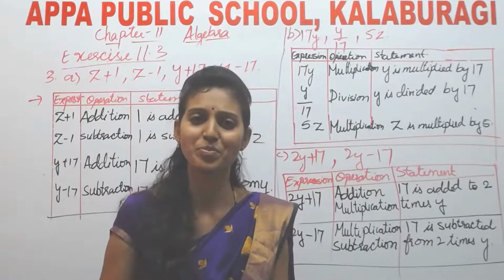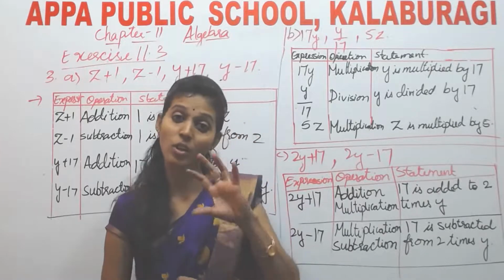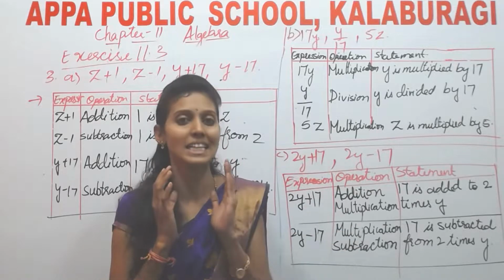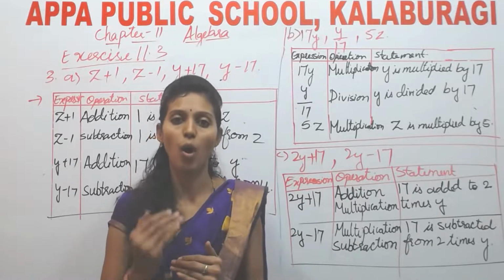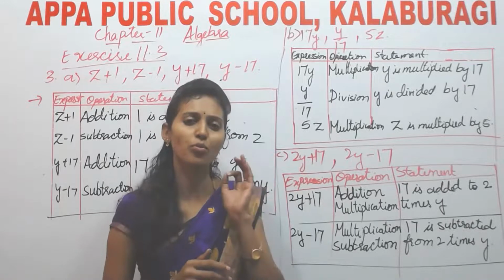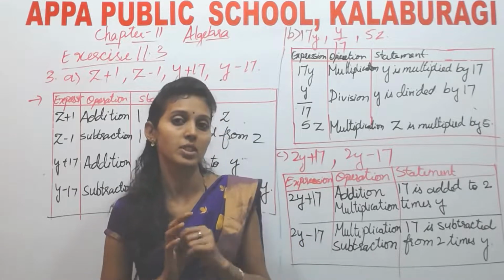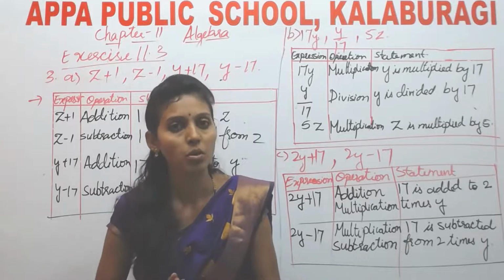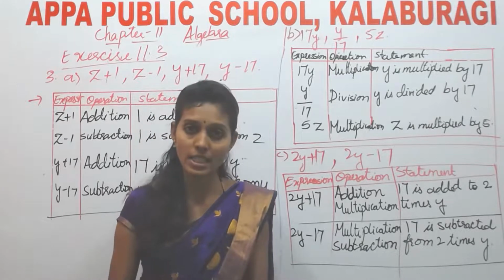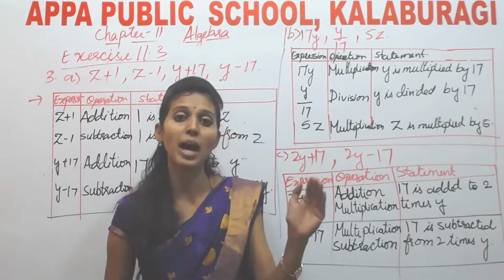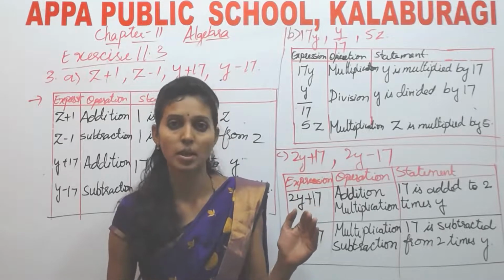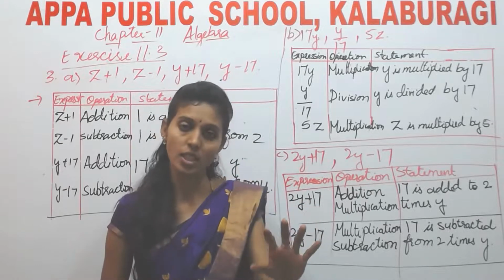If you got to know what an expression is and how it is formed, then it's very easy. If you failed there, this will be difficult. So even now, if you don't understand, go for the part 1 video of this chapter. Watch it, then see.